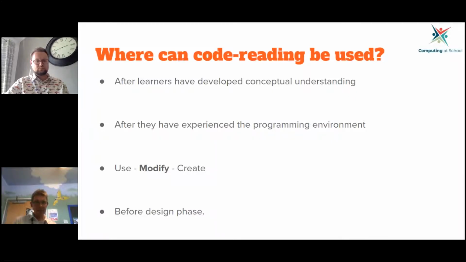So I think it's imperative that they come after the learners have developed conceptual understanding of whatever the focus of the unit is, and after they've experienced the programming environment they're going to be using. So they're not trying to learn about the command blocks, or about sequence, while they're doing the code reading activity. They've had experience. They're focusing on analysing the program and pulling those bits out.